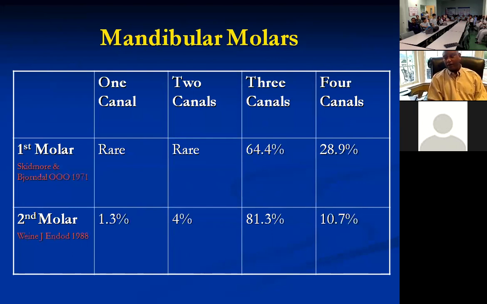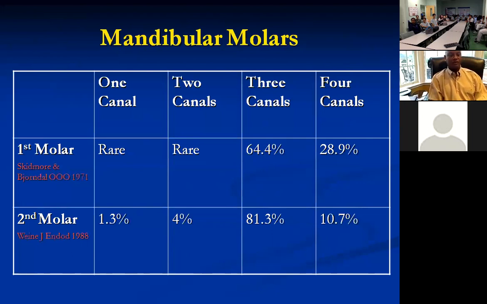He found that about 1.3% have 1 canal, 4% have 2 canals, and the majority have 3 canals. That's 81.3%. And then you have 10% that have 4 canals.